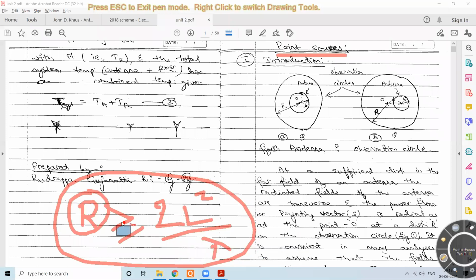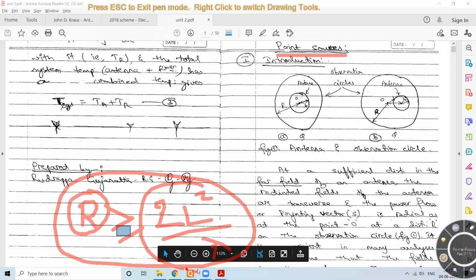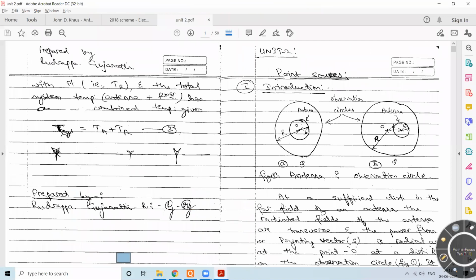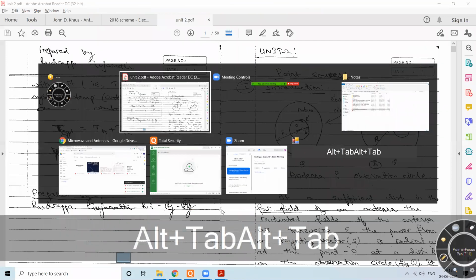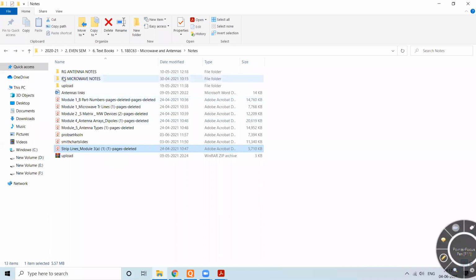If the distance you have chosen between the transmitter and receiver satisfies this condition, then the point of observation is in the far field. Generally we are most interested in far field analysis rather than near field analysis.